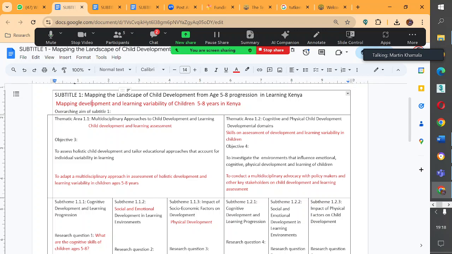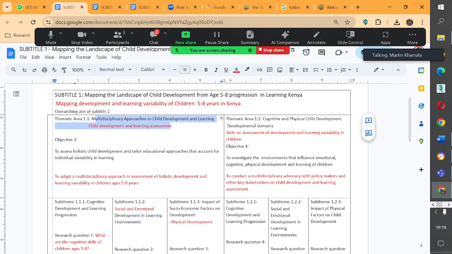For example, when you're looking at the individual child. So the first area that we looked at thematically was the area of child development and learning assessment. And the second area that we thought we need to look at is this one, skills on assessment of development and learning variability in children.